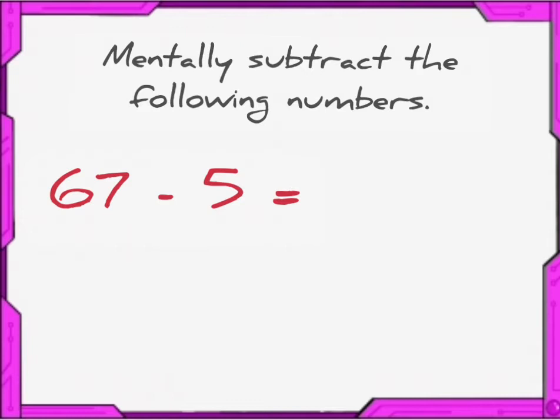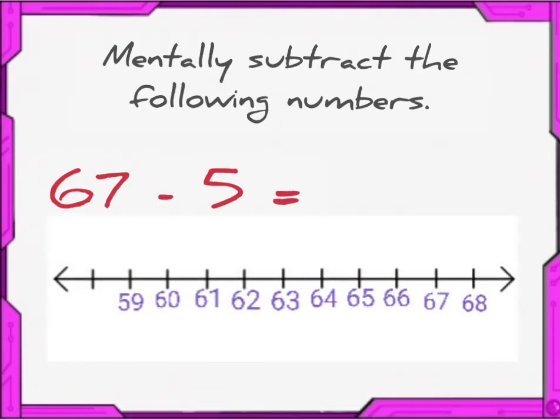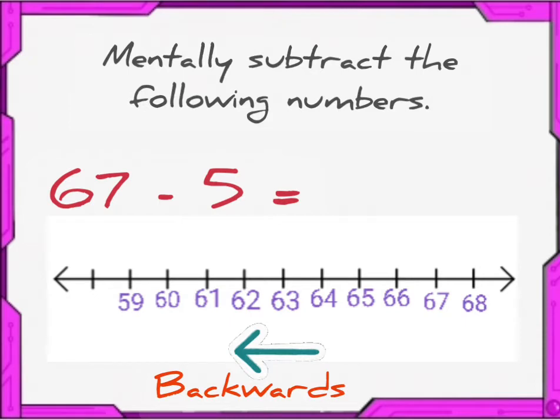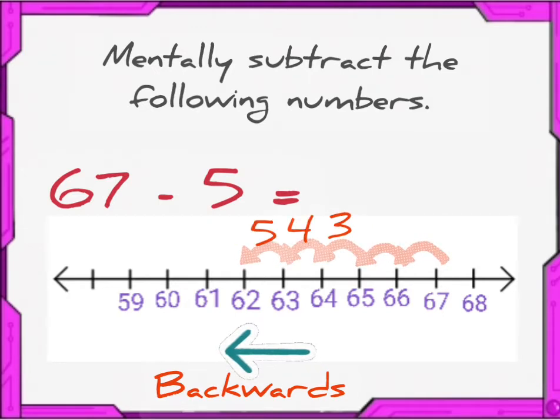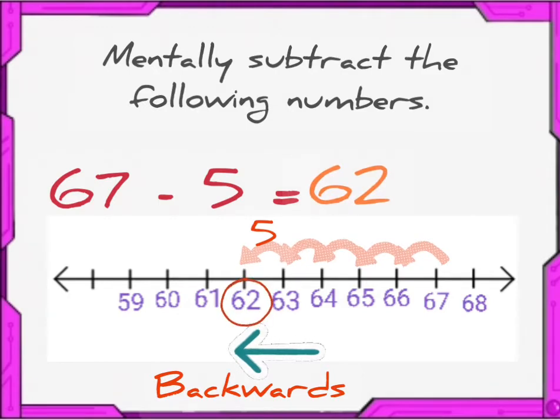And we can do this by counting 5 backwards from 67. So if we have 67, let's count 5 backwards. 66, 65, 64, 63, 62. So 67 minus 5 is equal to 62.